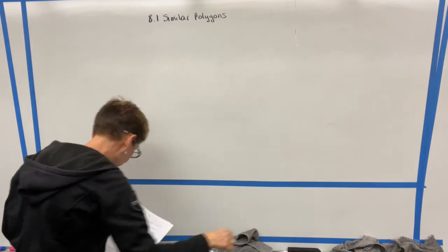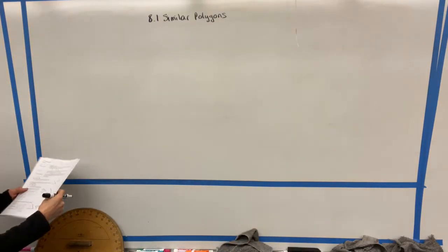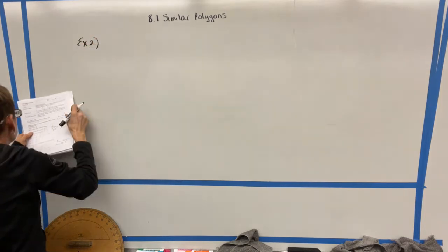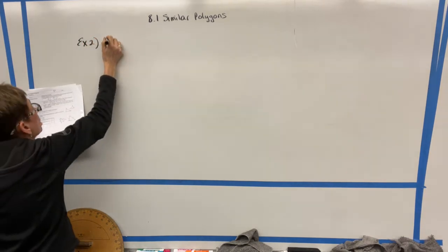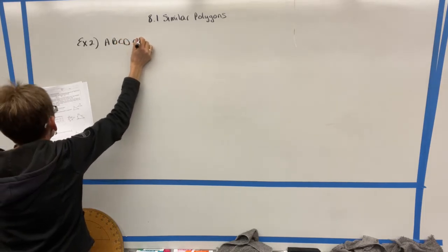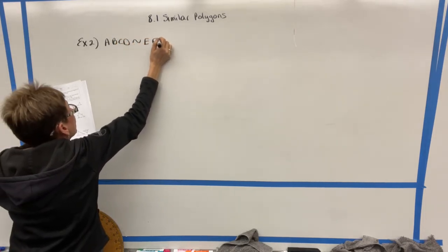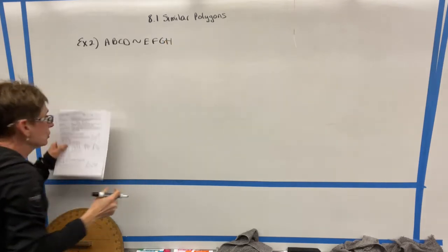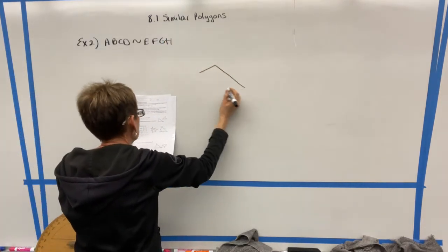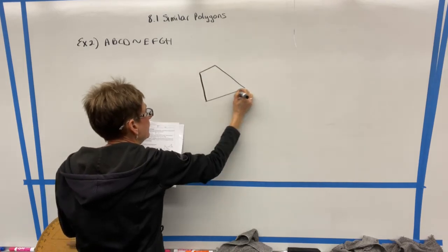So example number 2. This has a few different parts to it, but we're going to be given a similarity statement in the beginning again. So this is quadrilateral ABCD is similar to quadrilateral EFGH. And I'm going to draw the quadrilaterals off to the side here.